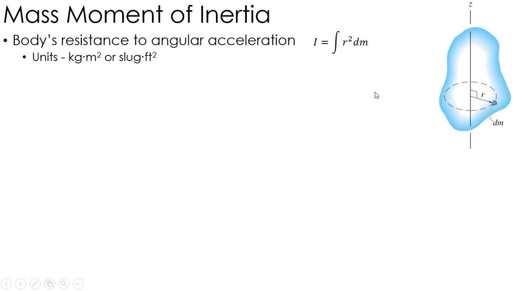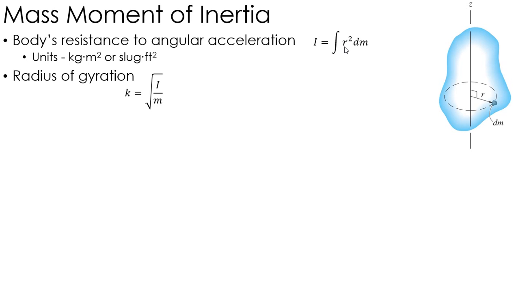The units on this are going to be kilograms meters squared, or slug feet squared. Again, it's mass times distance squared. These units are not very useful, but just remember that the bigger the number, the harder it's going to be to get that body to rotate.